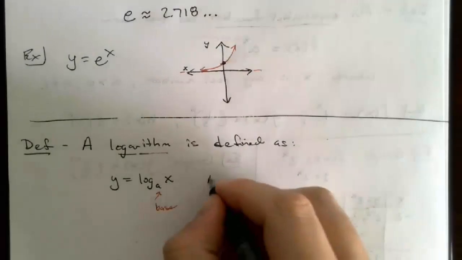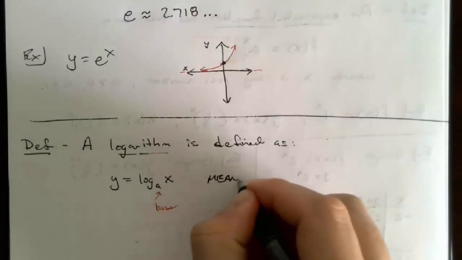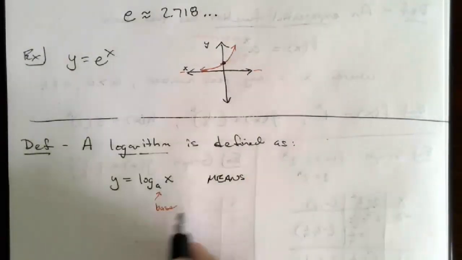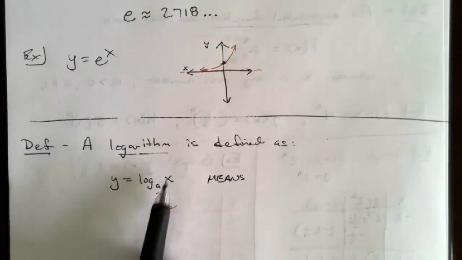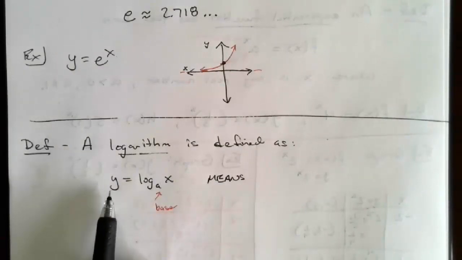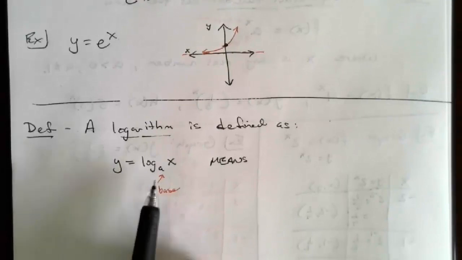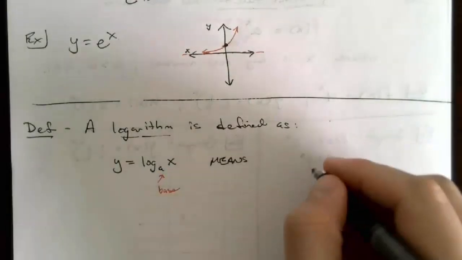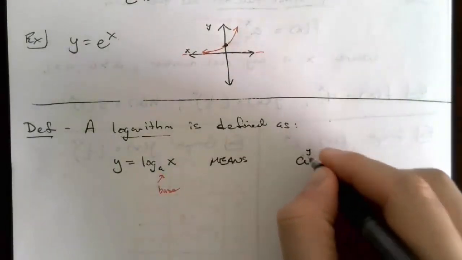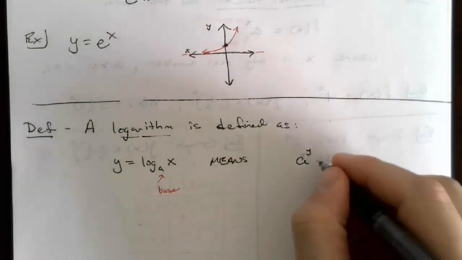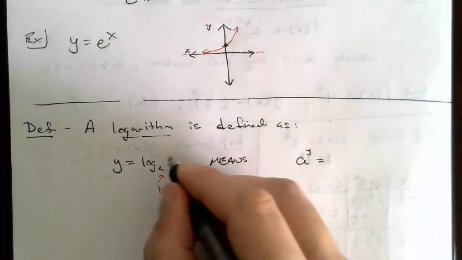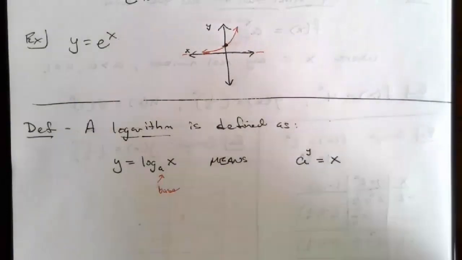What this really means, it really is telling you how to write this as an exponential. Logs are always equal to an exponent. So the y here is actually going to be the exponent on the base. So this really means you want the base a to the y power, which is the exponent, and it's going to be equal to whatever you're taking the log of, the argument of the log, which equals x.